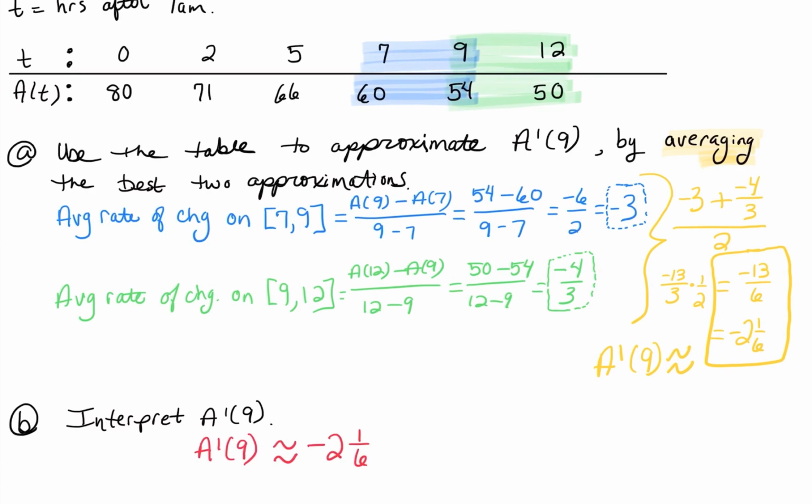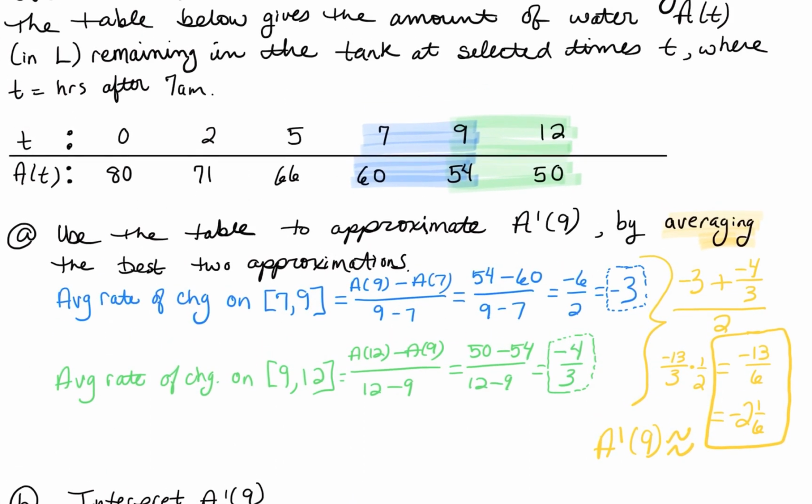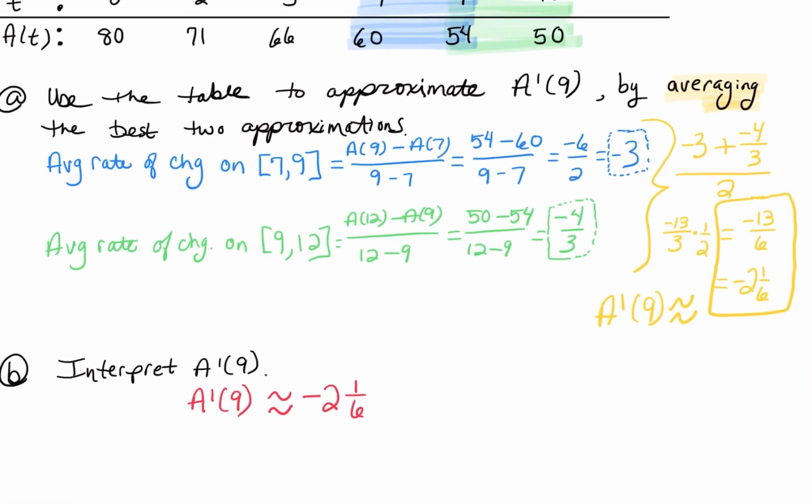So the change in outputs, scrolling back up here to get our units, was volume in liters. So this was liters per, the change in inputs was change in time, and these were in units of hours. So a prime of 9 is the instantaneous rate of change at t equals 9.